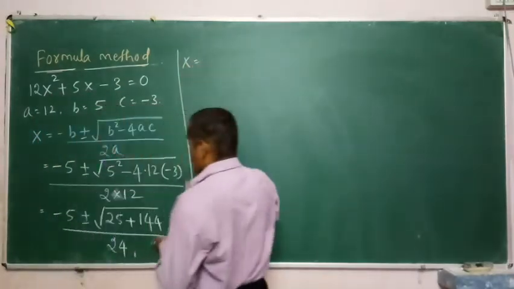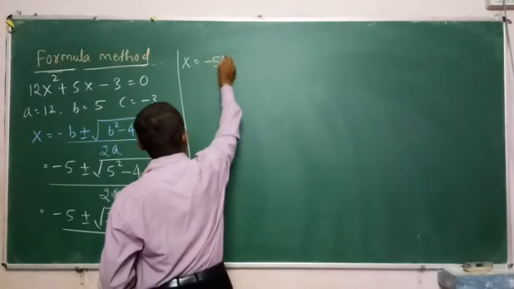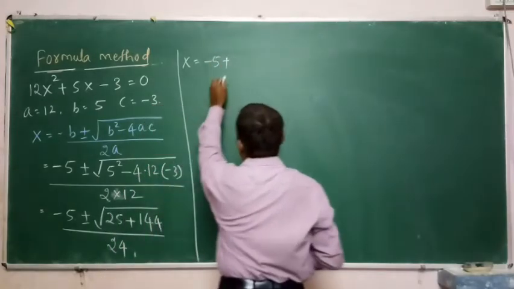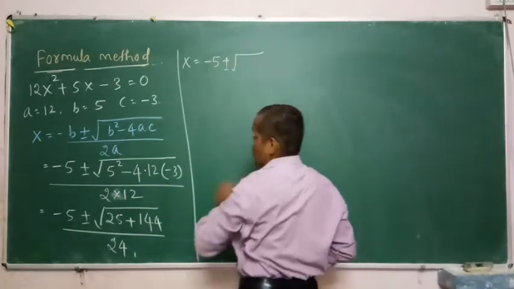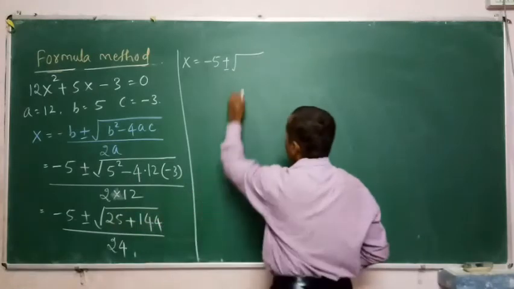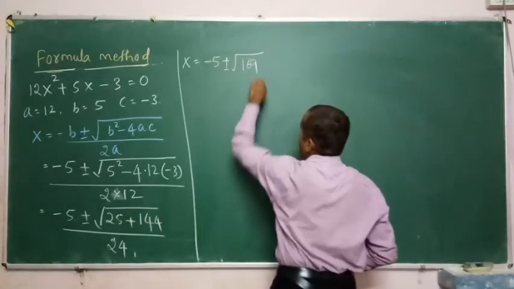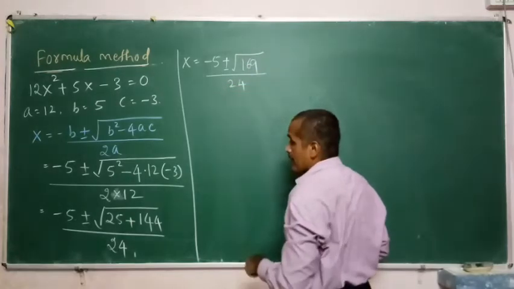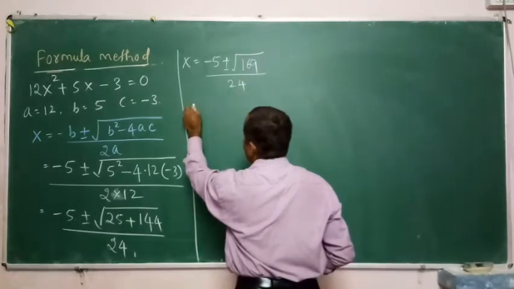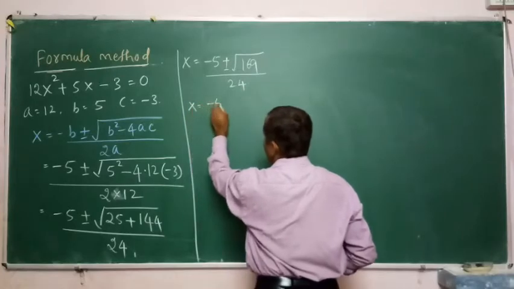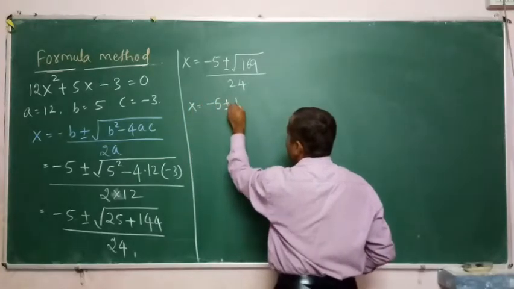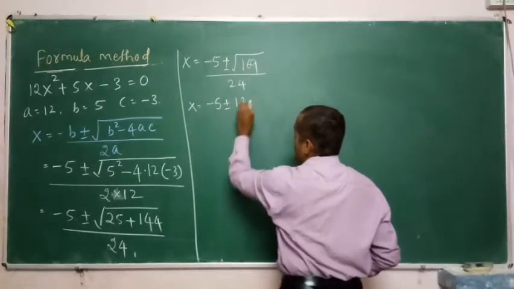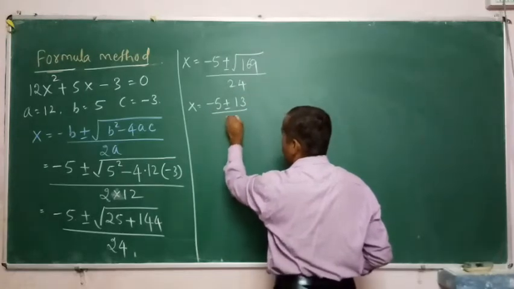x is equal to minus 5 plus or minus under root 169, divided by 24. I can say x is equal to minus 5 plus or minus 13, since the square root of 169 is 13, divided by 24.